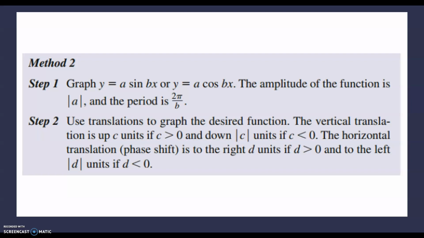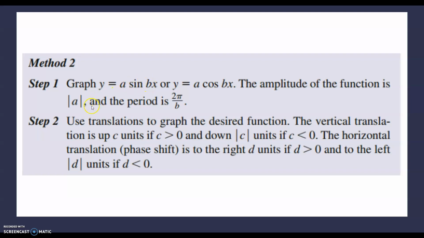And that is when you first graph y equals a sine of b of x or y equals a cosine of b of x. And we know how to graph this because we did this in a previous video, okay? So remember, a gives you the amplitude and b changes the period. So if you remember the process that we went through to graph that, you will have to go through that process first.